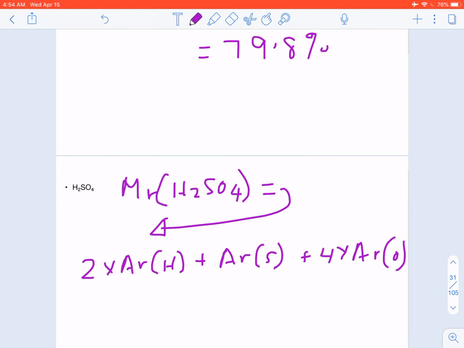Well, hydrogen's relative atomic mass is 1, plus sulfur.